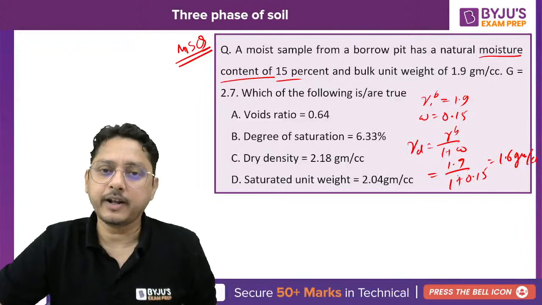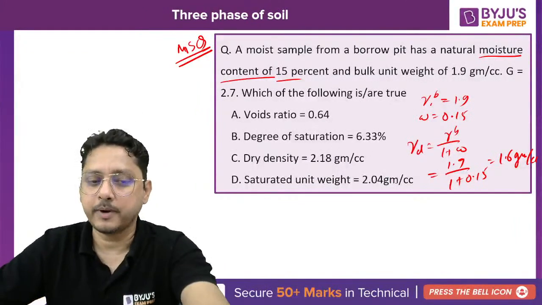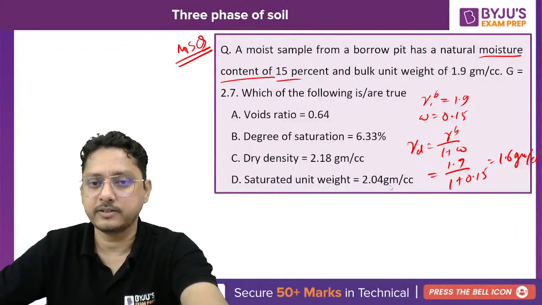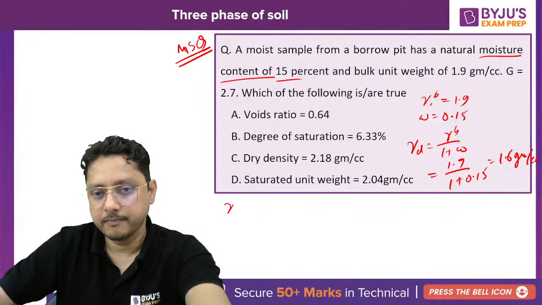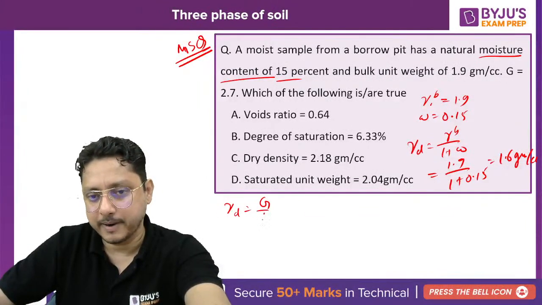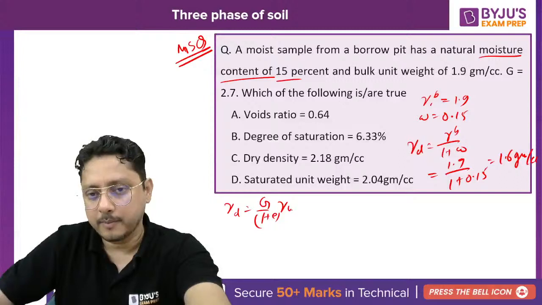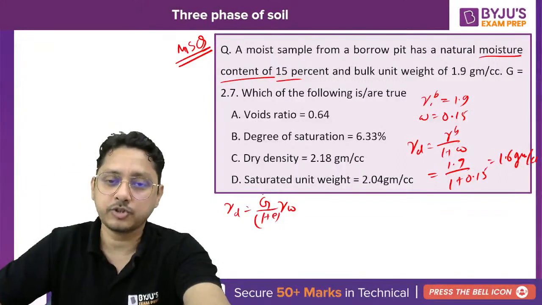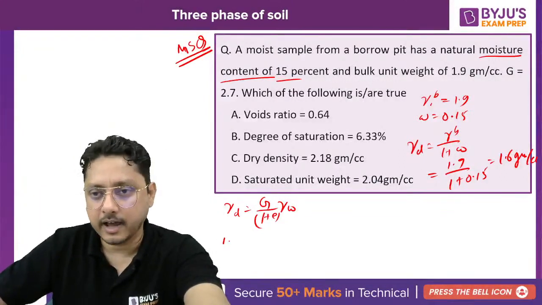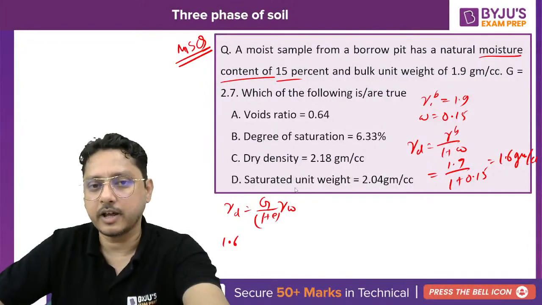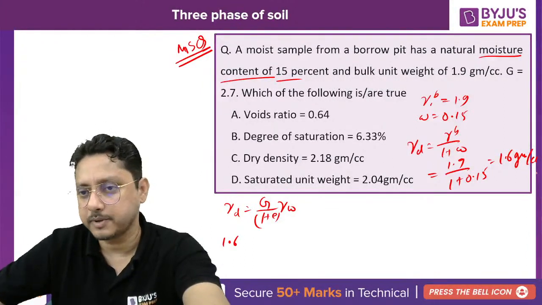Once you have calculated gamma D, of course you can calculate the void ratio by using the same formula which we have utilized earlier. Gamma D is G by 1 plus E into gamma W, by keeping the degree of saturation as 0. The gamma D value I just calculated is 1.65 gram per cc.